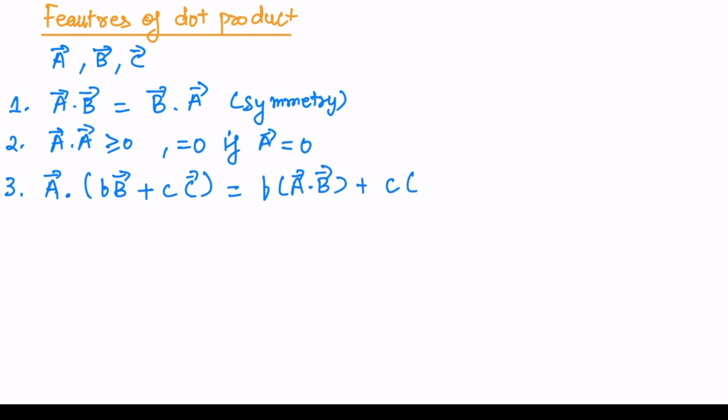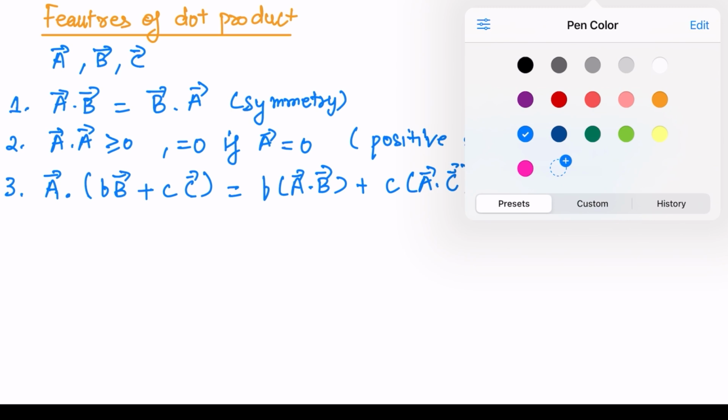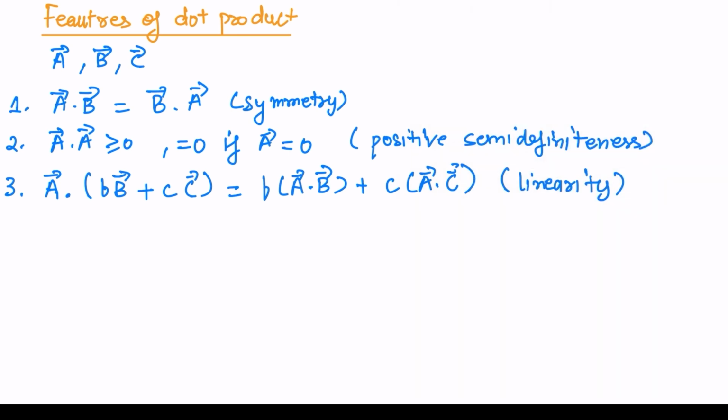It's linear like this, so this is linearity. And the second one is called positive semi-definiteness, something like that. So these are the main features of your dot product, and we want to try to generalize them. Let's now see how we define all these things in vector spaces.